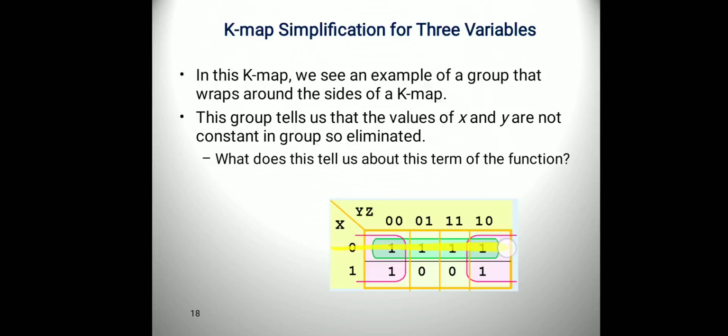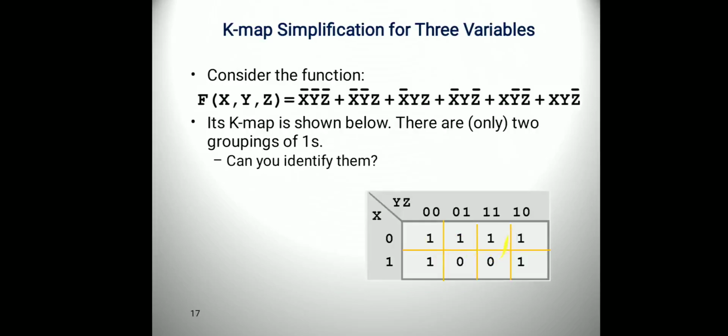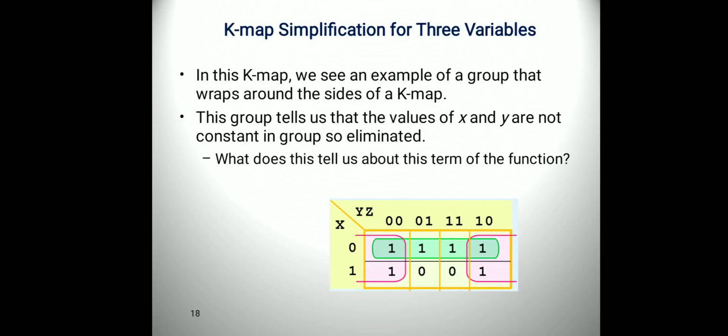Means x is constant, but yz changes its value in a column. Therefore, y and z are eliminated and x remains. Since the x value is 0, at the output it must be in complemented form.